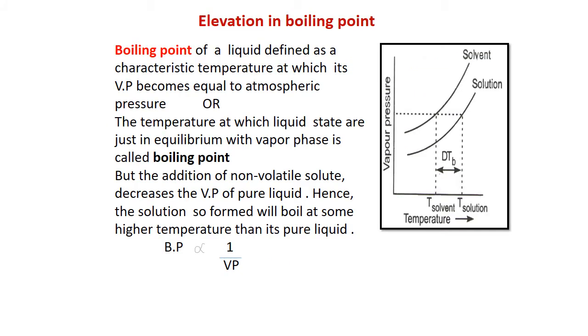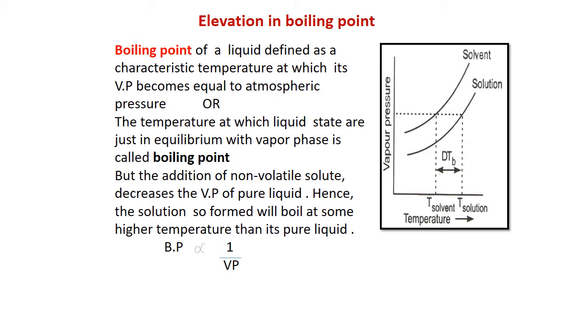Elevation in boiling point. The boiling point of a liquid means the temperature at which the vapor pressure of the solution becomes equal to atmospheric pressure, or the temperature at which the liquid is just in equilibrium with the vapor phase. But on addition of a non-volatile solute, a decrease in vapor pressure takes place, so the boiling point will increase, as boiling point is inversely proportional to vapor pressure.